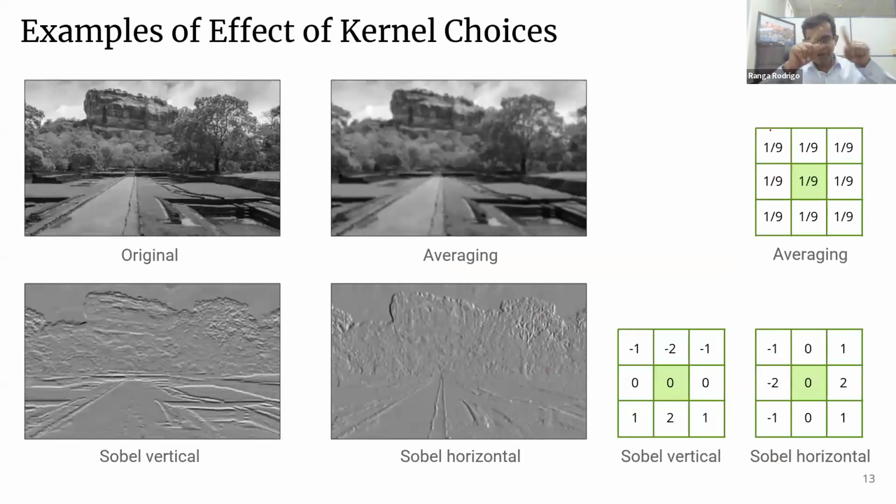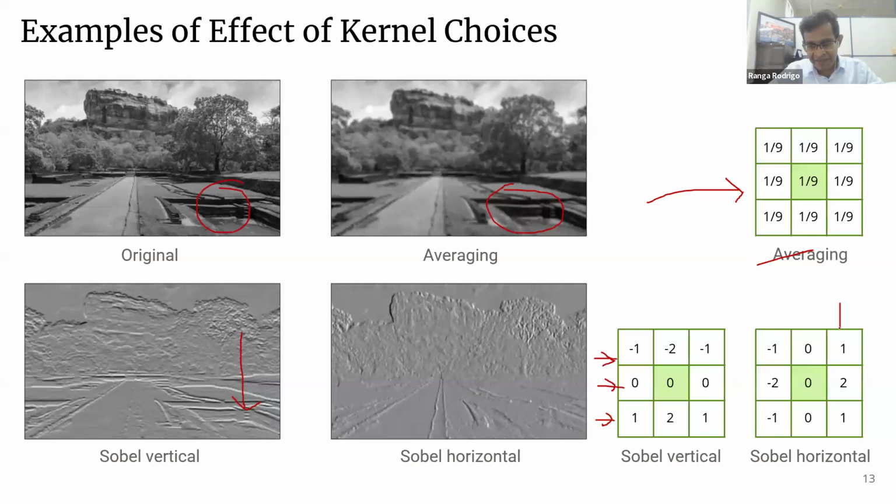So now I said that by designing that kernel, you can get different effects. This kernel that we looked at, 1/9, is just averages, so it blurs out. We can see these areas have been blurred out of the C-gray image. But if you design the kernel such that it has 0 here, plus values in this row, minus values in this row, it will result in computing the gradient in the vertical direction.